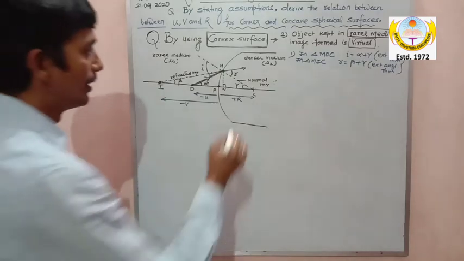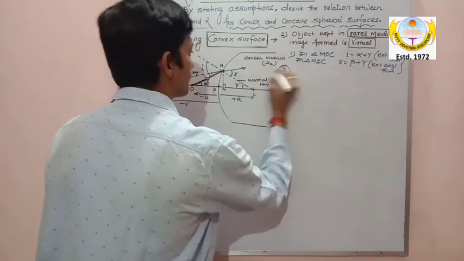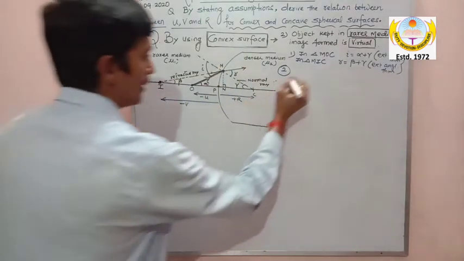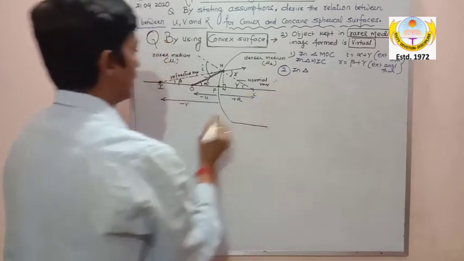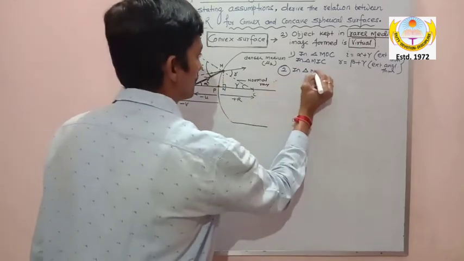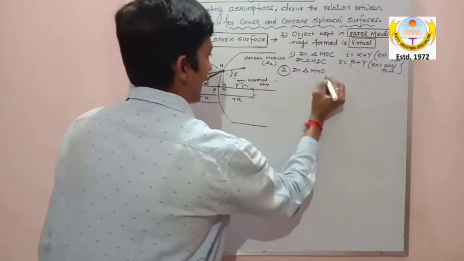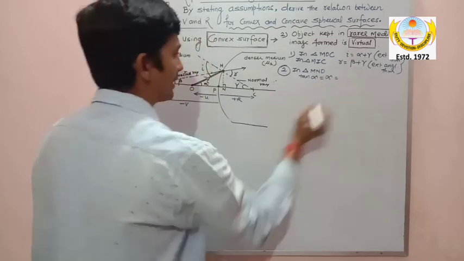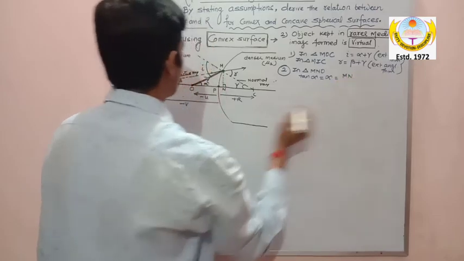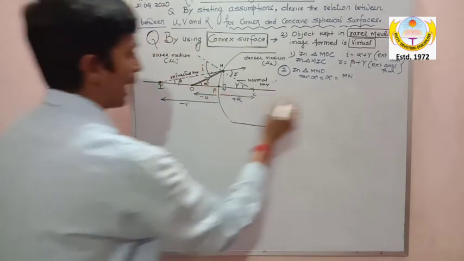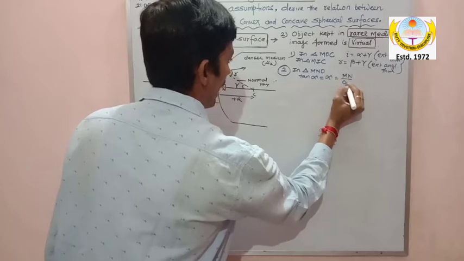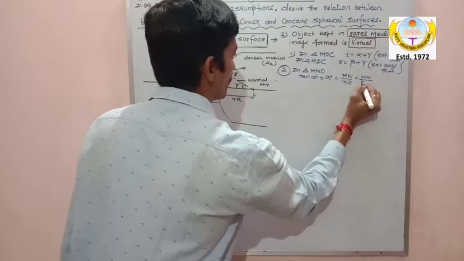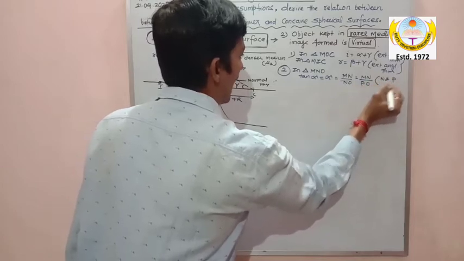The first step is over, and this is your first condition. Now the second condition, tan alpha. In triangle MNO, tan alpha, which is equal to alpha, is equal to MN upon NO. That can be written as MN upon PO, because N and P are very close.